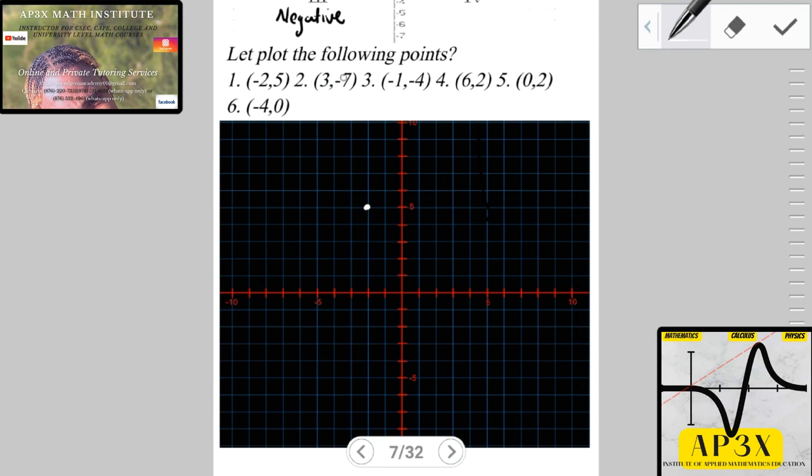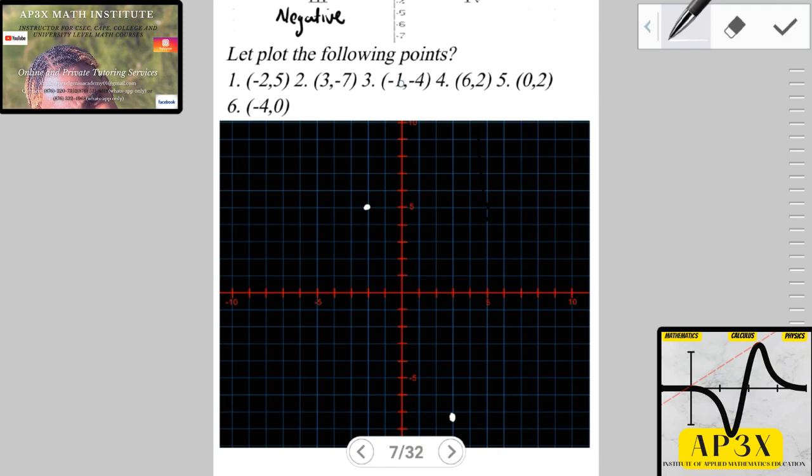Here, 3, -7. You're going to find over here being 3. That's +3, that's 1, 2, 3, and down 7: 1, 2, 3, 4, 5, 6, 7. So right here, you're going to find that that point lands in the 4th quadrant. Next one here, -1, -4. So that's -1 in this direction, and 4 up here.